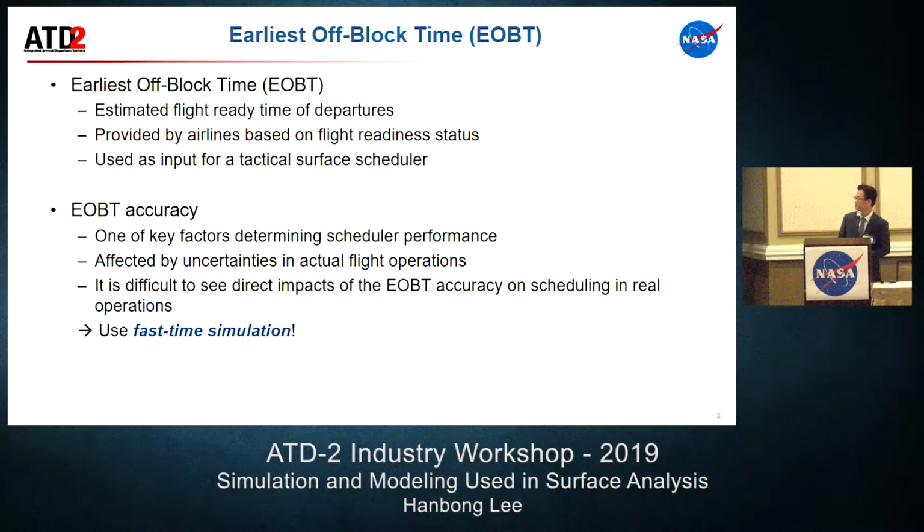So this EOBT value will be used as one main input for the tactical surface scheduler, as I mentioned. The accuracy of EOBT is one important factor to determine the surface scheduler performance. So the airlines keep trying to improve their EOBT accuracy for their flight planning and operation.